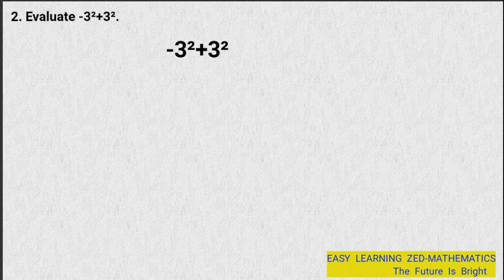So we are going to expand this so that you understand well. I'm going to write a negative sign there, which is going to be outside the brackets. Then I'm going to find the value of 3 multiplied by 3, which is 9. Then I'm going to say plus 3 multiplied by 3. So I've expanded those expressions.